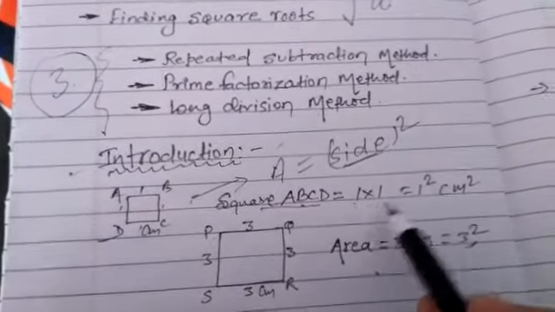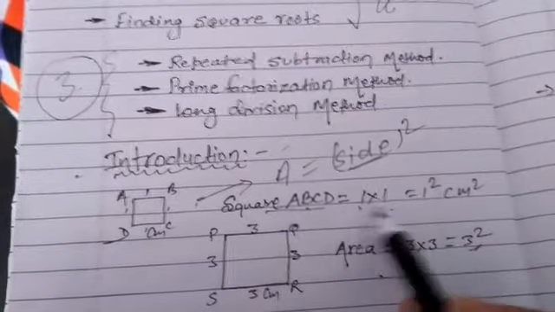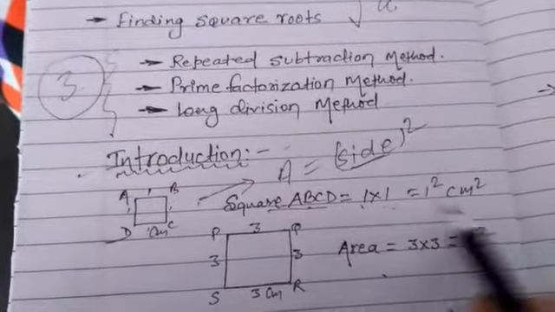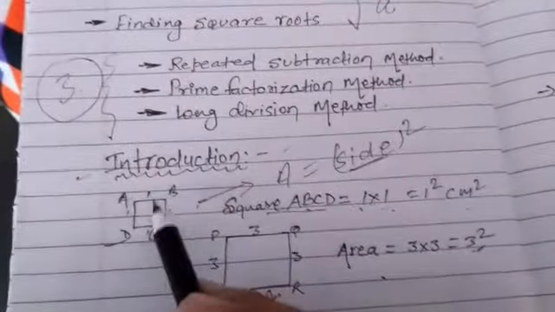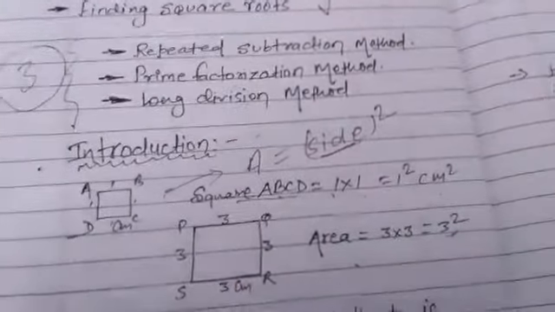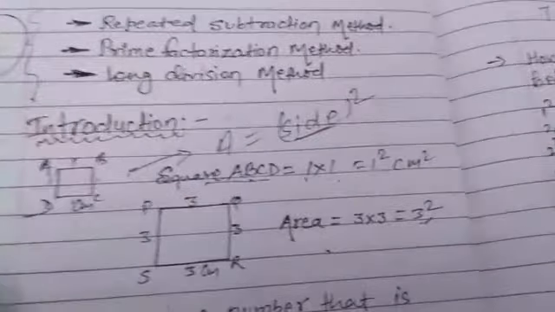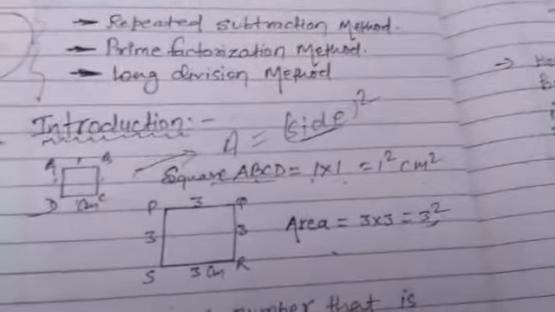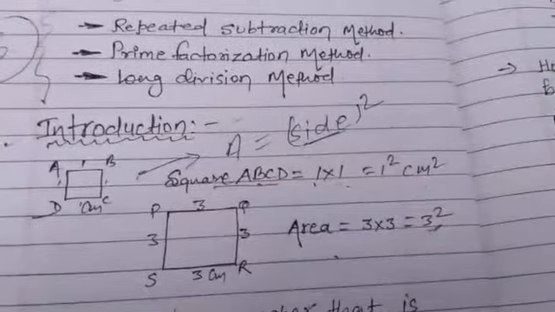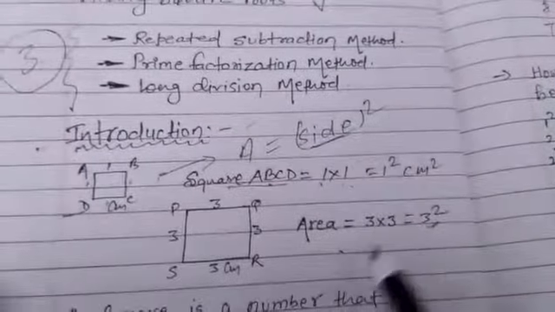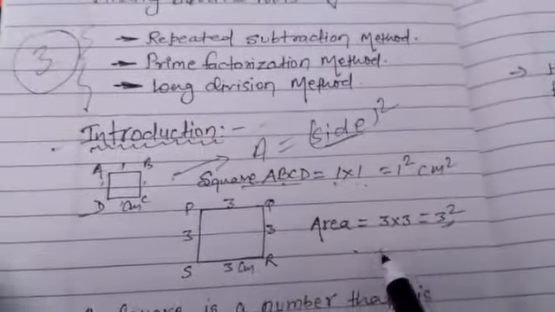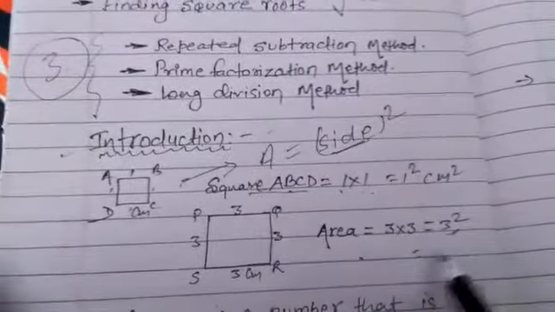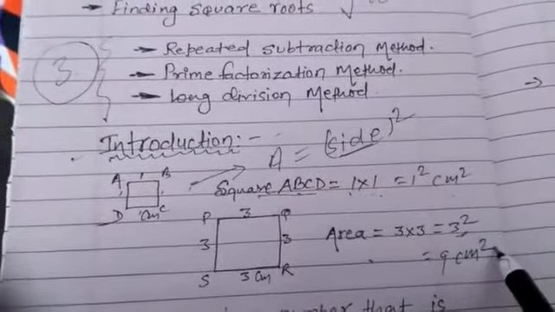So the area is equal to 1 square centimeter, because I have taken a square of side 1 centimeter. In the second case, I have taken the square PQRS which has side length 3 centimeter. So the area is equal to side square, that is 3 square, equal to 9 centimeter square.